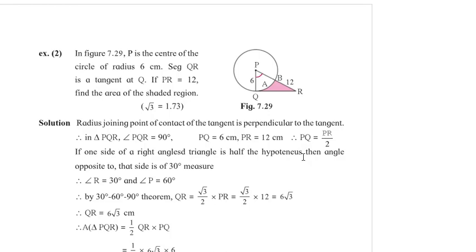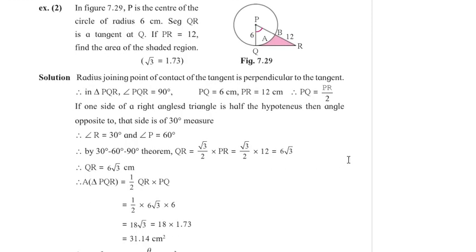What is given? We have given this is 6, this is 12, and this side we don't know. So if you know the 30 degree, 60 degree, 90 degree theorem, then you know that the side opposite to 30 degree is half of hypotenuse. Now here you can see that this side is 6 and this is 12, so this is half of hypotenuse.